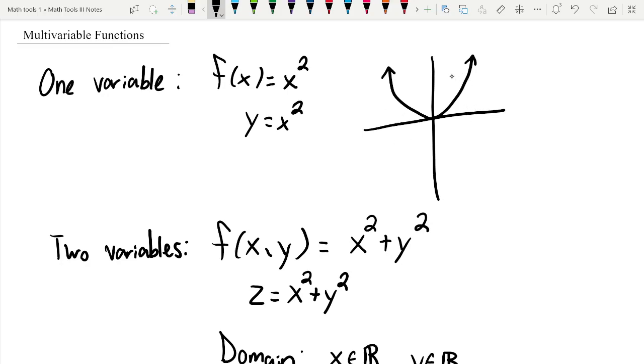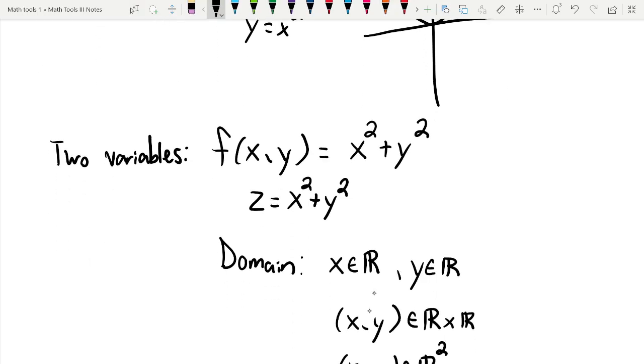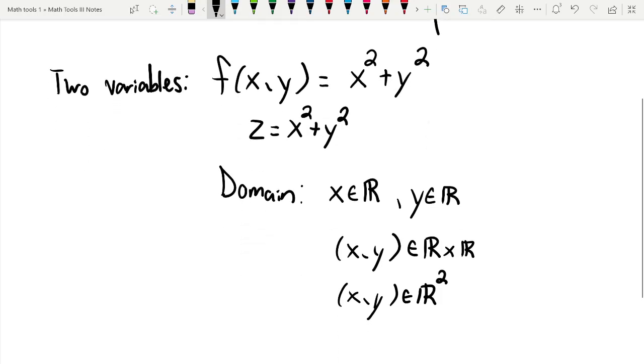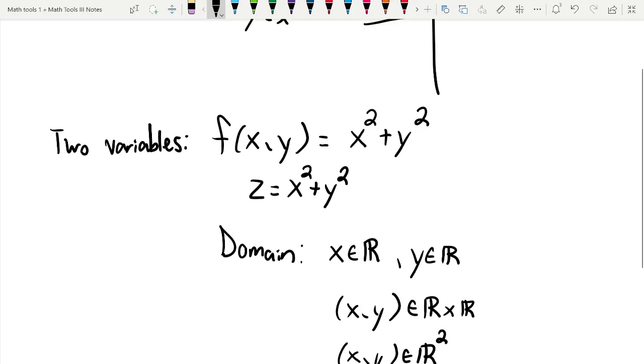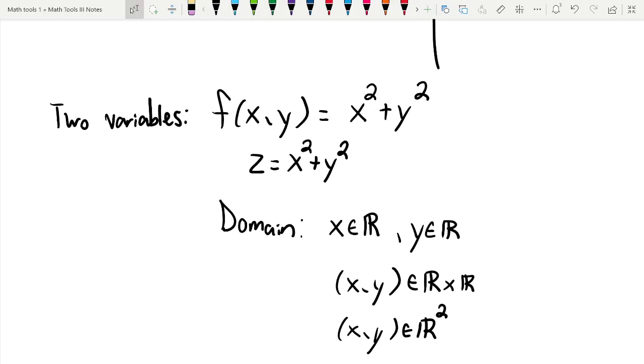So before, that was our entire function, with the domain and the range together. Now our domain itself is in R2, and our range is still going to be in R, because that's just distilled into a single real number. Sometimes you call it R1 or just R. So altogether in our 3-dimensional system, we are working in R3.